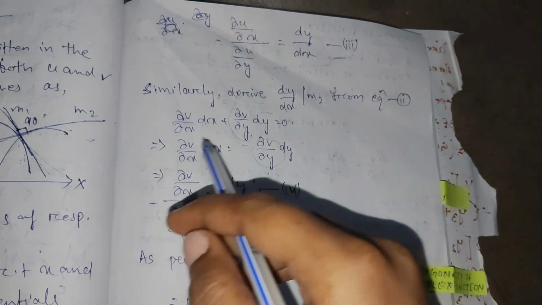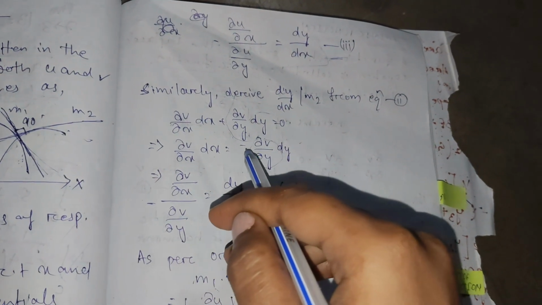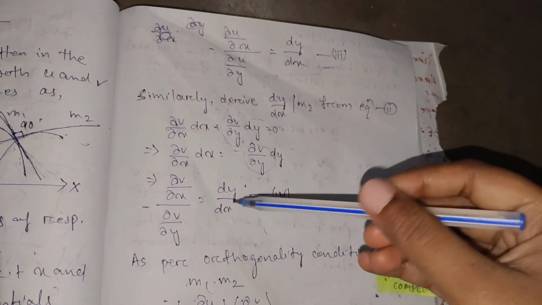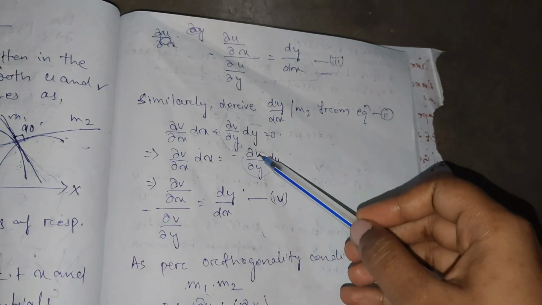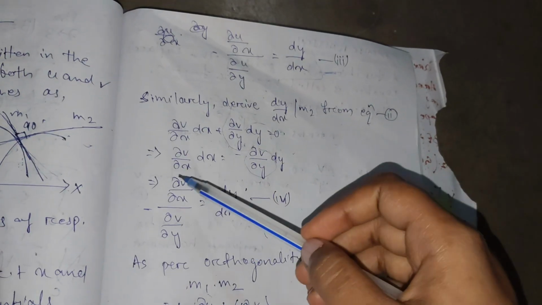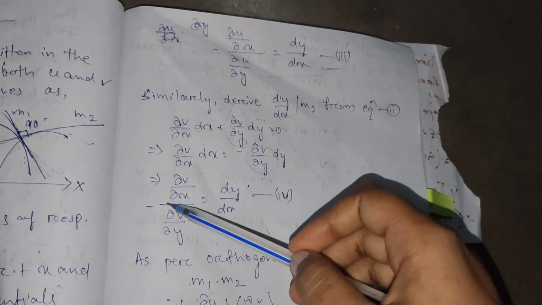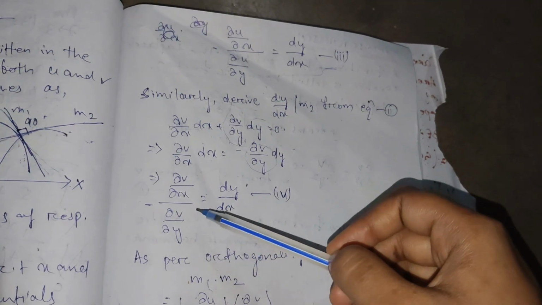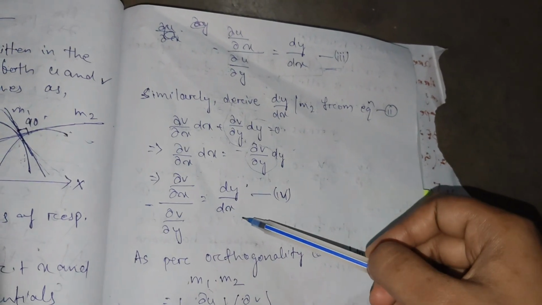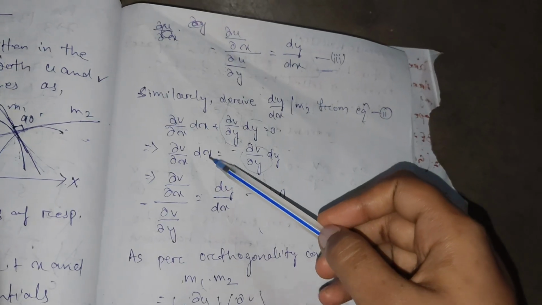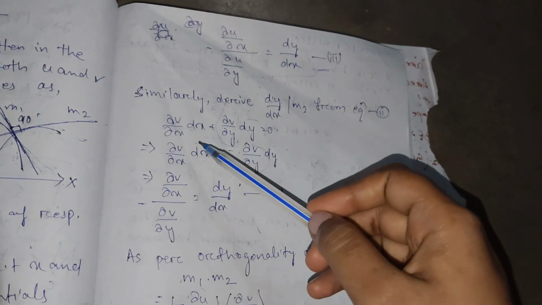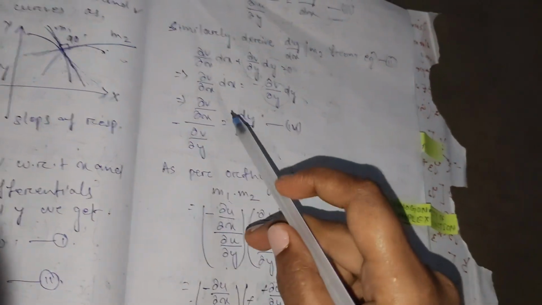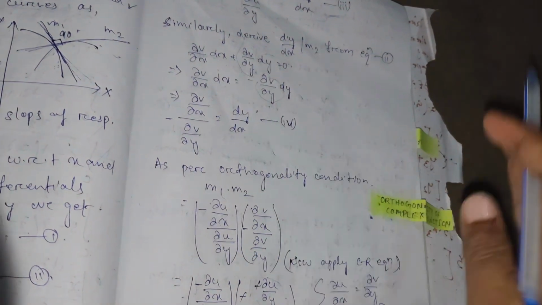Then we get del v by del x dx is equal to minus del v by del y dy. Now again move the term minus del v by del y to the LHS, and dx to the other side. Then we get minus of del v by del x divided by del v by del y is equal to dy by dx. Let this equation be named equation 4.